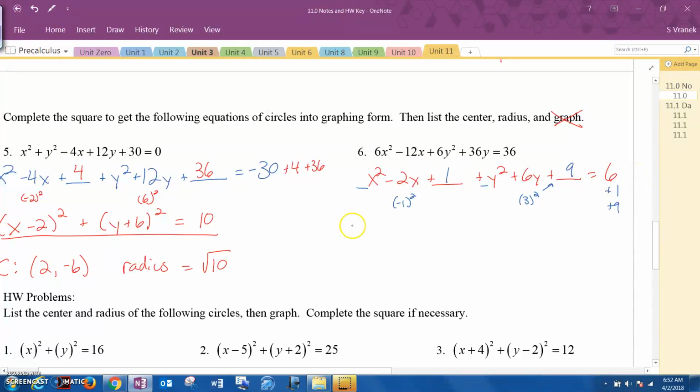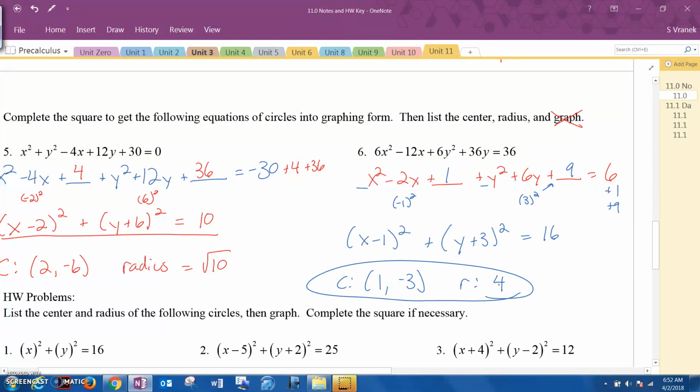I end up with x minus 1 squared, because two numbers that multiply to positive 1 and add to negative 2 are negative 1 and negative 1. Y plus 3 squared equals 7 plus 9, which is 16. So my center is at 1, negative 3, and my radius is 4.